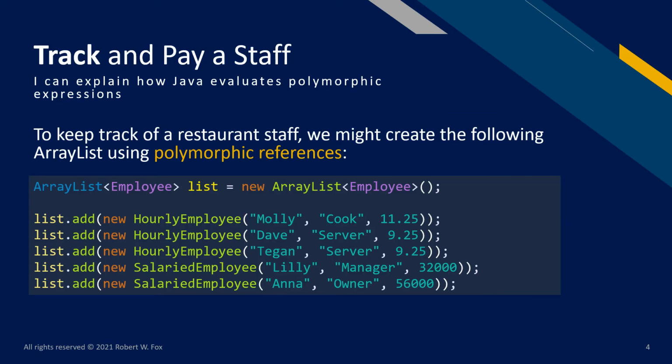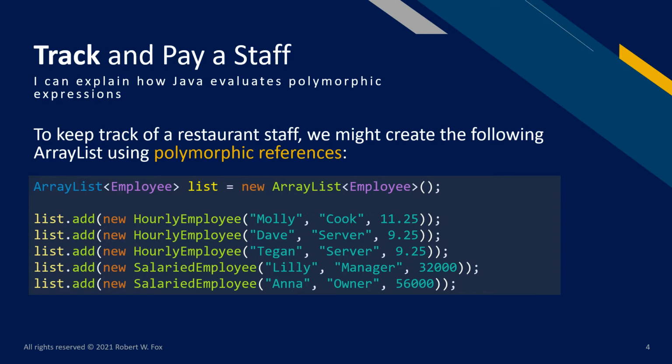Suppose we want to keep track of a restaurant staff. To do this, we might create an ArrayList using polymorphic references. Remember that the idea behind a polymorphic reference is that the reference type and the actual object type can be different. So in this case, we create an ArrayList of Employees. And that means that we can put anything in the ArrayList that is an Employee.